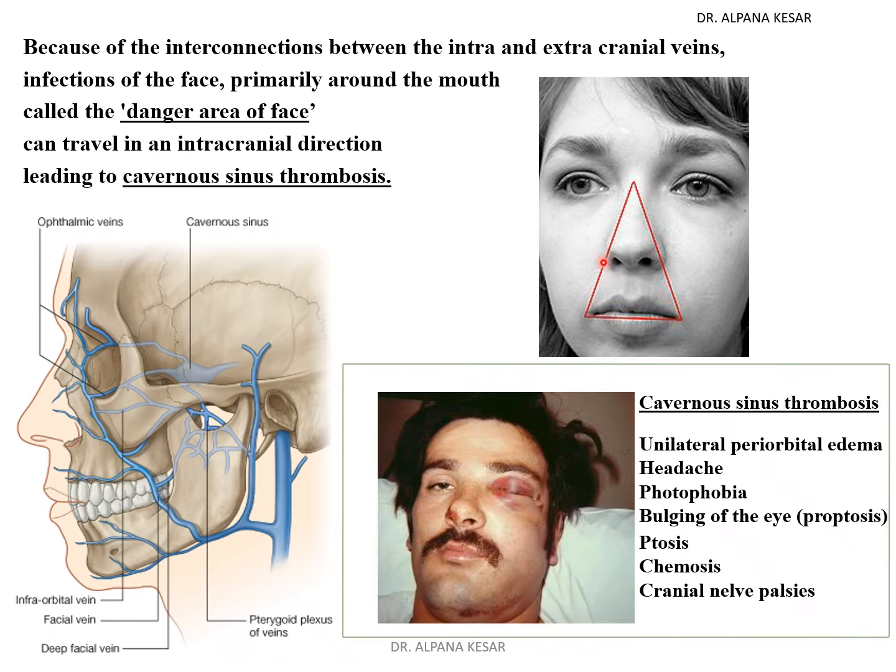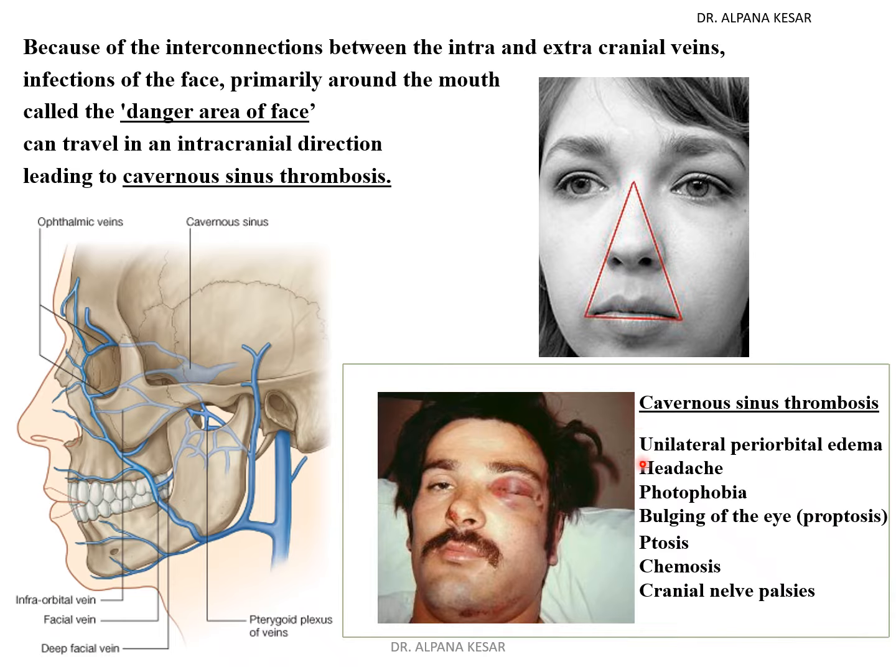The triangular area of the face, which includes the nose and the upper lip, is called the dangerous area of the face. This is so because the infections from this area can easily travel in the retrograde direction through the deep facial veins, infecting the cavernous sinus. This can lead to cavernous sinus thrombosis.